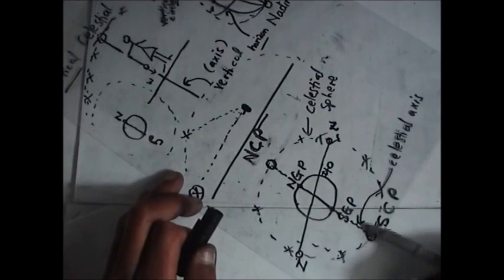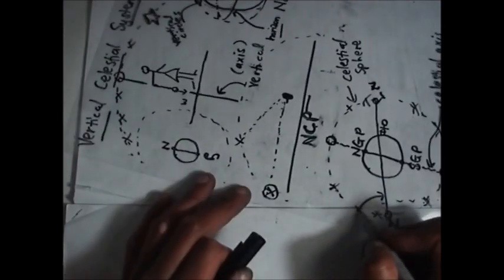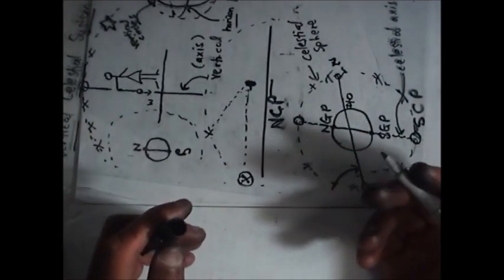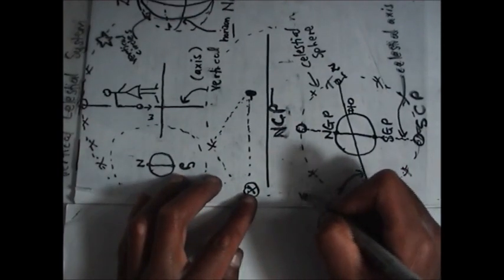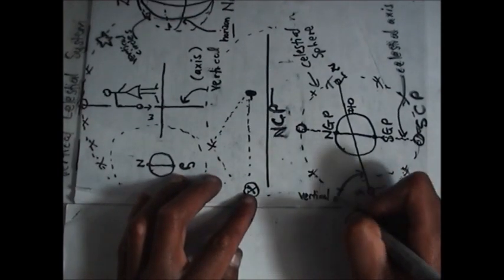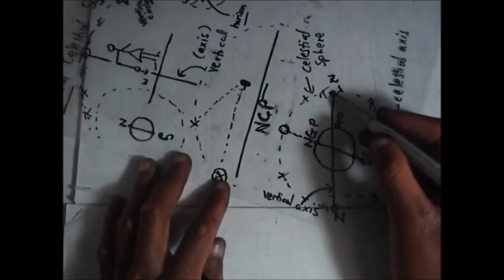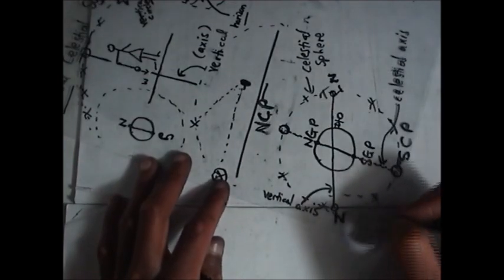But this is a fixed axis called the celestial axis, and this one here depends on the observer. It's called the vertical axis, because it's coming from a vertical plumb line that the observer has let down. So this is going to be the zenith, and this is going to be the nadir.